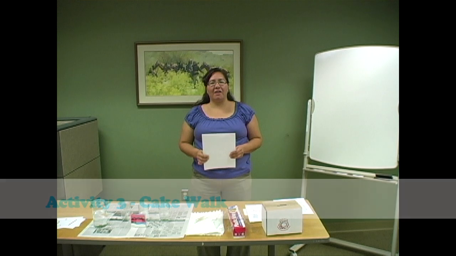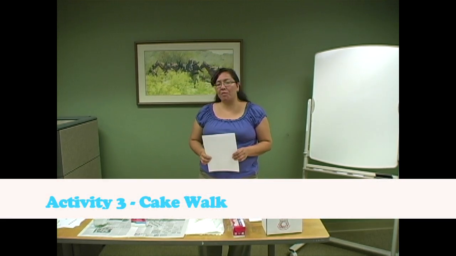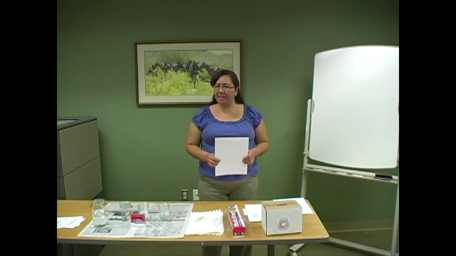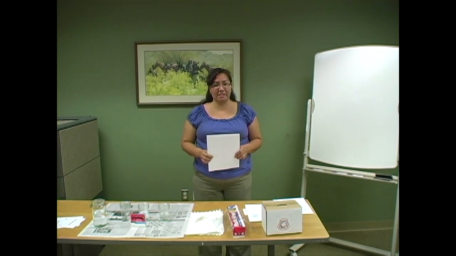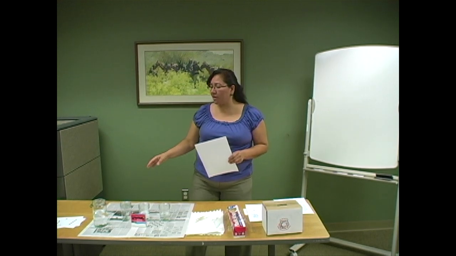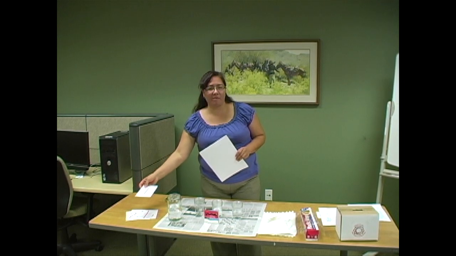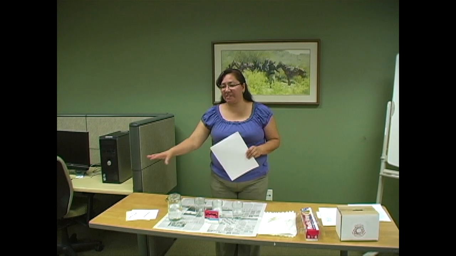Okay, so for activity 3 in chapter 5, what we're going to do is a cakewalk. And maybe some of you have played cakewalk before, maybe you've played musical chairs. It's the same concept. You'll have numbered cards, and you'll want to fasten them to the floor, to the carpet, with maybe masking tape or some kind of tape, because they'll be stepping on them.